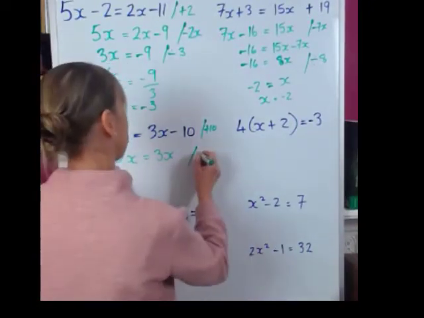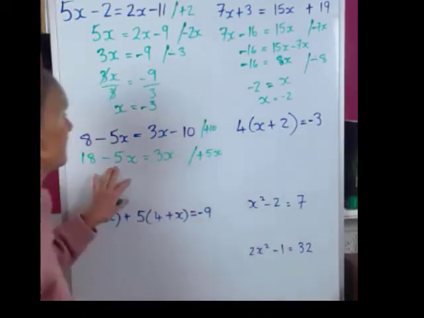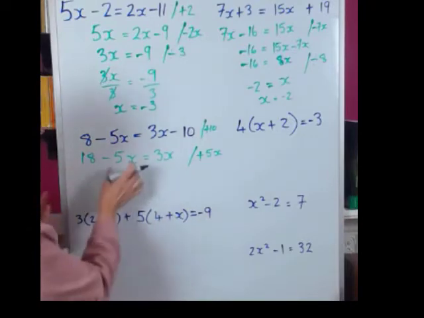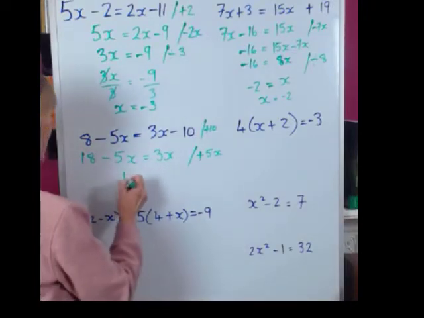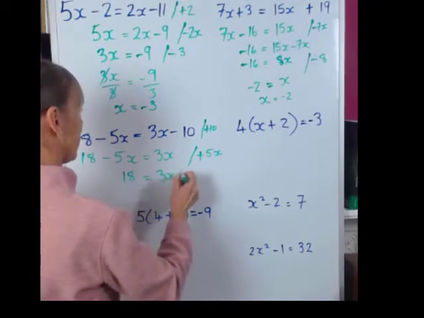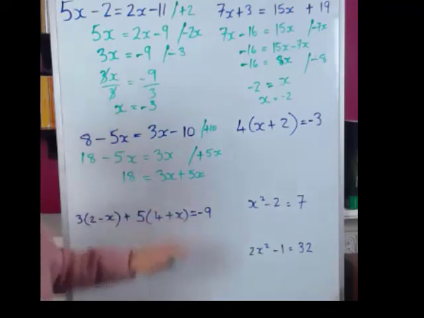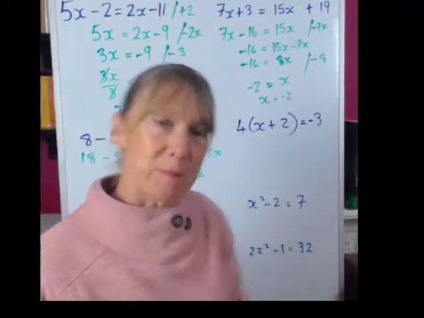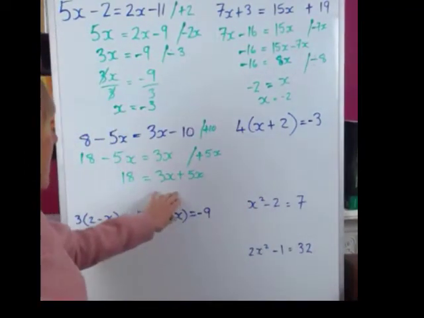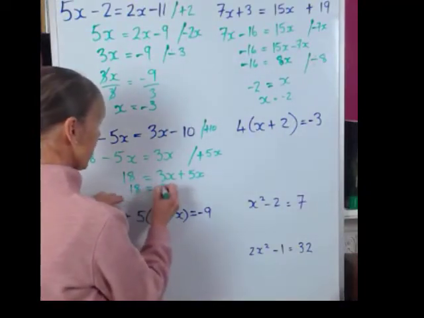It's the same thing as adding 5x. That will get that away from there. So that now gives us 18 equals 3x plus 5x. Extra step there that we didn't really need, but helps keep it clear. Okay, so this is looking much better. So now we've got 18 equals 8x.